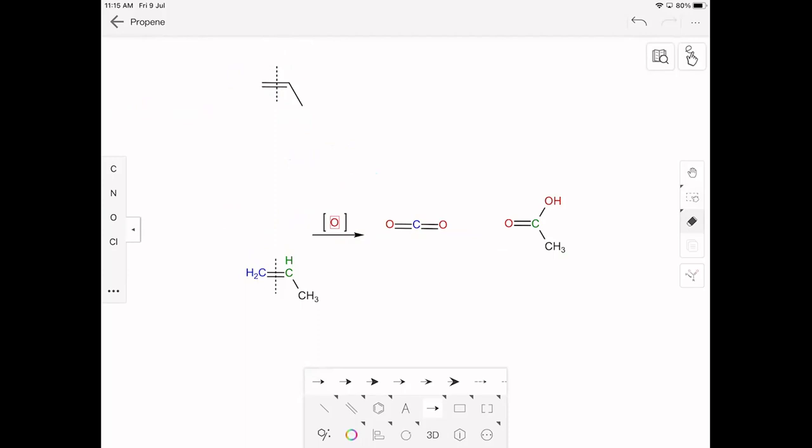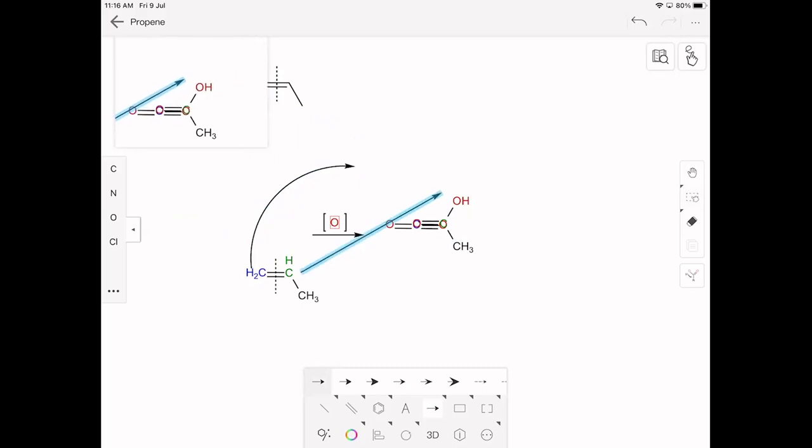Where there's a double bond, you just add a double bond O. And if you superimpose them, if you put one on top of the other, you'll see that it looks like the starting material, except that the two H's that you mentioned, the blue ones, became these ones, and that hydrogen there became that OH over there.